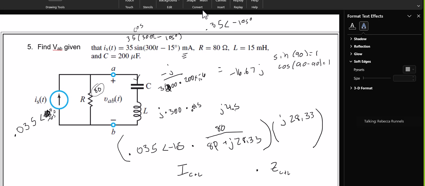And then if I add to that my negative 16.67, I get negative 12.17J.